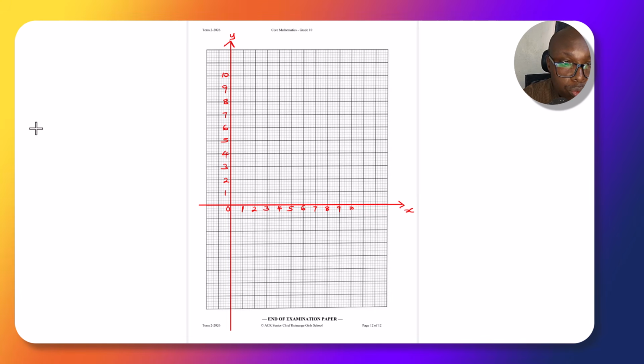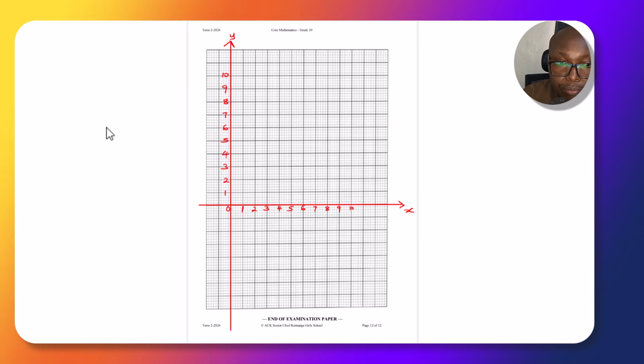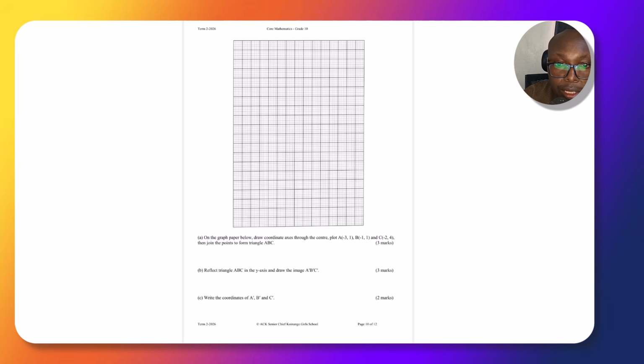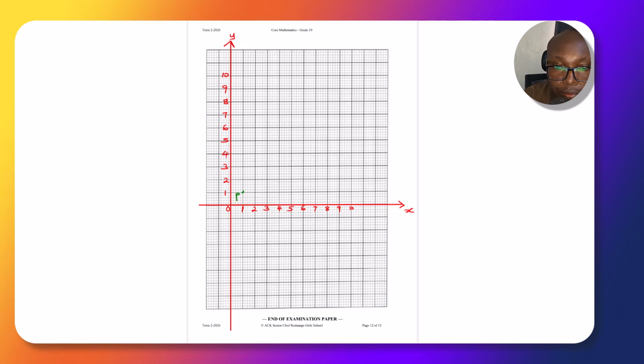Now we need to plot P. P is (1, 1). So it is here. That is why you have P. And then Q(4, 1). Q is (4, 1). So it's there.